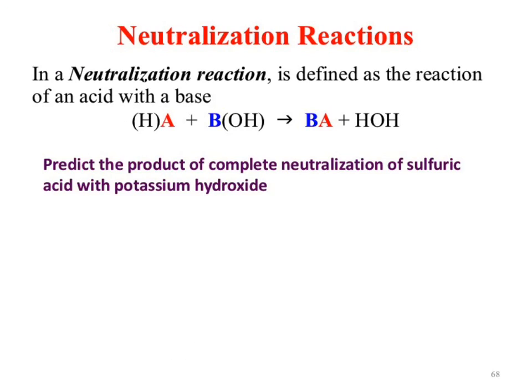Neutralization reactions, you're identifying an acid and a base and mixing them together to produce a product. If we look at the complete neutralization for this, it becomes a tricky one because you've got to do nomenclature. Sulfuric acid. How do we know it's a ternary acid?